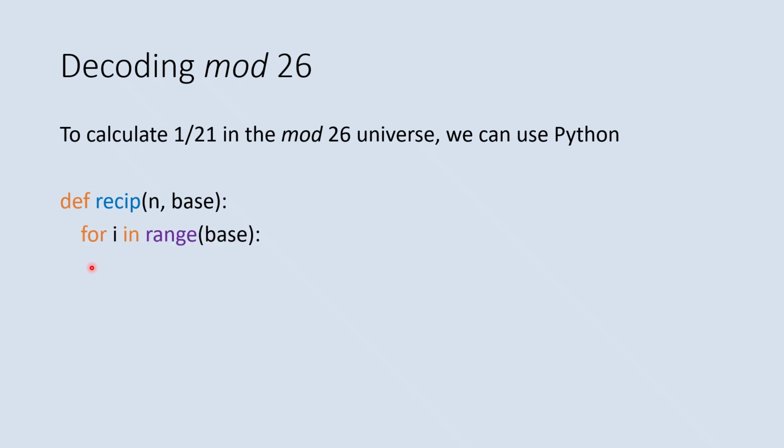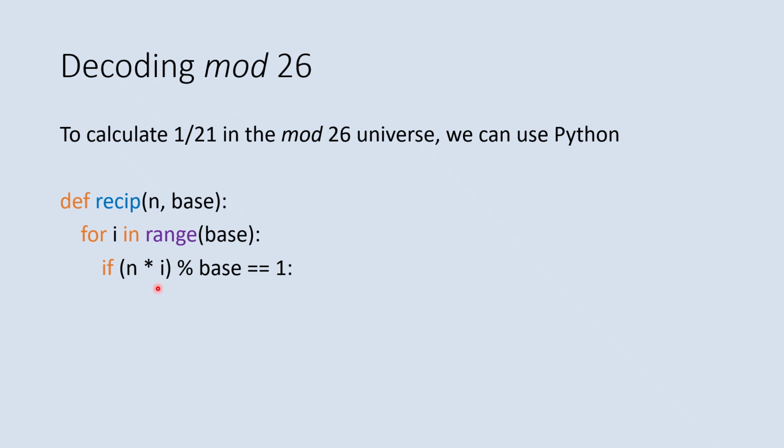And so we can kind of brute force our way through this. We can look at for i in range of the base. So just say start from 0 and go to 26. We could save ourselves a step and not start at 0. We could start at 1 instead, because 0 is never going to give us the value.